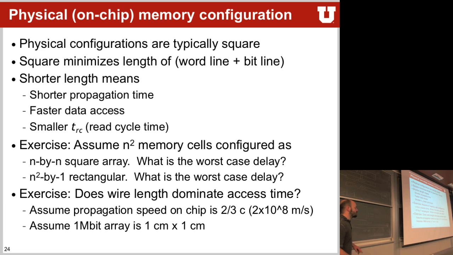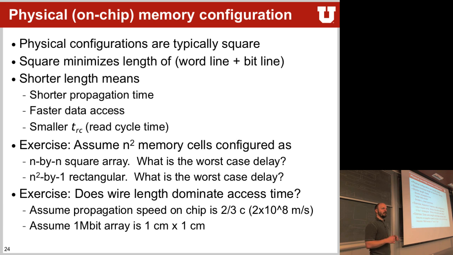The last one, that's the worst case. Because in this one, you have to traverse 10 meters of chip to get to that last bit. How long does it take to go 10 meters at 2/3 the speed of light? Sounds about right, something in the few nanoseconds.